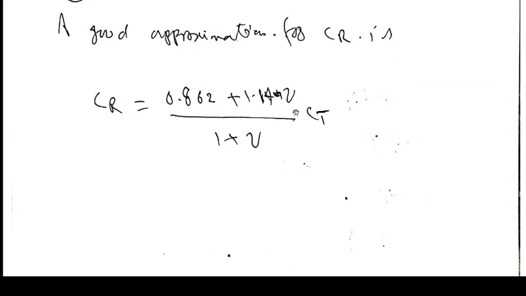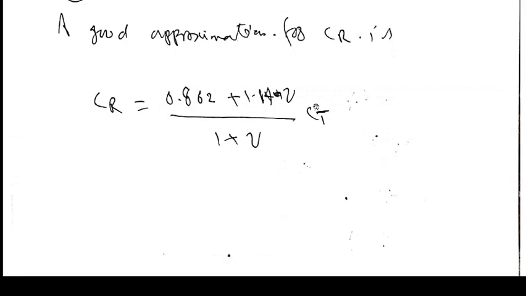This is the approximate formula to find the value of Cr. I am writing this directly; I didn't derive it. So this is the formula. By changing the value of nu, you can have different values of Cr. Obviously you need Ct, the speed of the transverse wave. It means that if you have a material, then you must have nu, then you must have Cl and Ct.